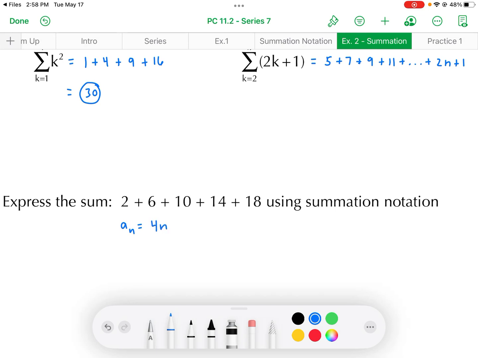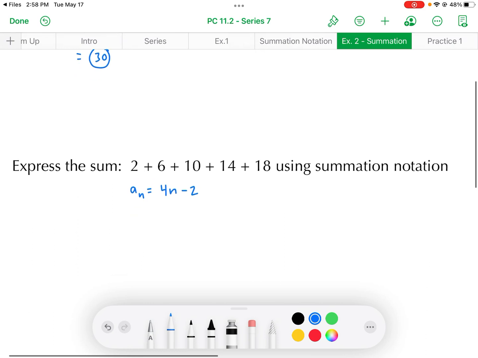I would begin it with a 4n then, right? Repeated addition is the same as multiplication by 4 in this case. And then I'm going to have to subtract off a 2 there, right? Because if I plug 1 in for n, 4 times 1 is, of course, 4. But I need the first value to result in 2. So that's why I've subtracted a 2 off.